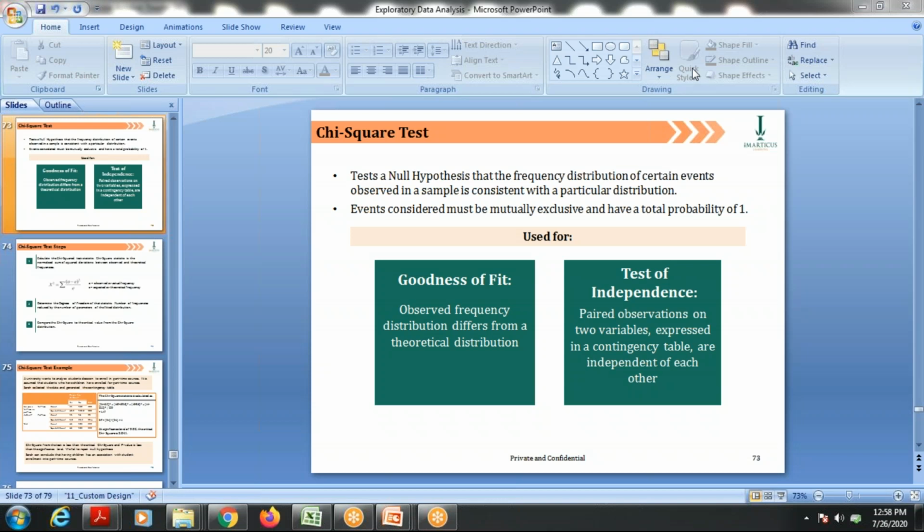The way we discussed the littering behavior, be careful: the frequency distribution of a certain event, that means the littering behavior, in a sample is consistent with a particular distribution. Particular distribution means the distribution of male and female. So the event we are testing is whether the littering behavior of male and female is similar, that's what we tested. Are you getting the same context here?